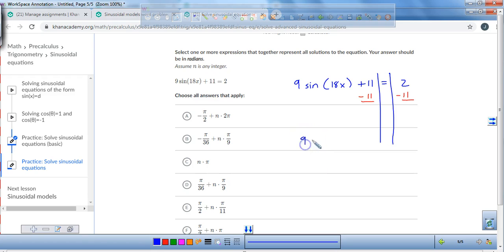We have 9 sine 18x equals 2 minus 11, which is negative 9. Then we divide both sides by 9, and we get the sine of 18 times x equals negative 1.